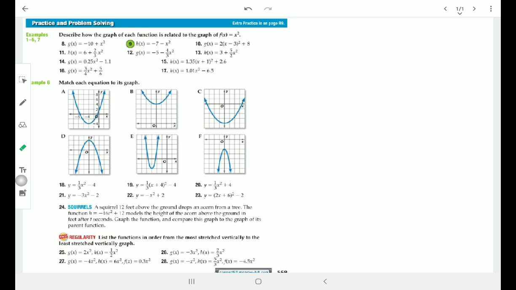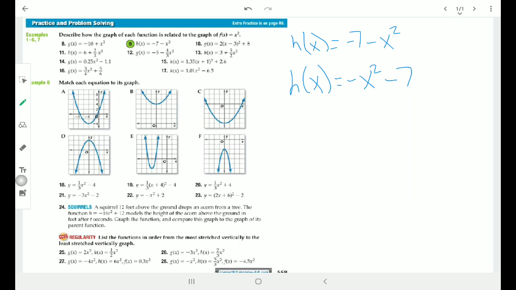Okay, so let's look at some practice here to kind of help you out. So for example, on, let's say, number 9, you have h of x equals -7 minus x squared, right? And if you want to rewrite this, you can. So you could absolutely rewrite this as -x squared minus 7. And now you have to ask yourself, okay, what does this tell me?